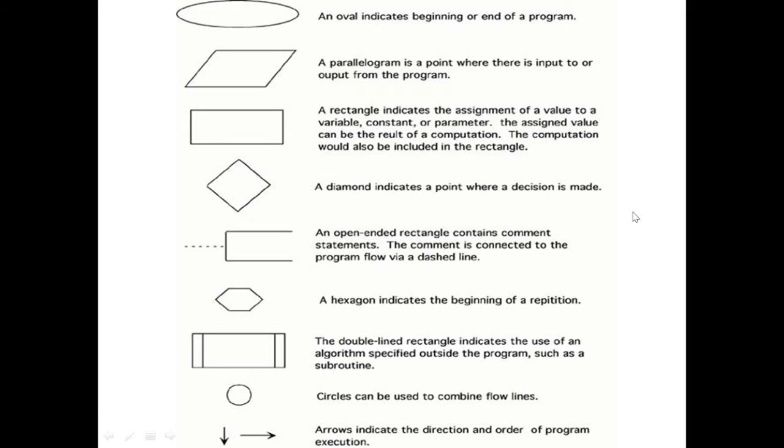It's like saying that if he will come, then I will go. Suppose you want to go to the market if and only if you are accompanied by your friend. So the condition is, if my friend comes, then only I will go. To show that decision making in a flowchart, first of all you have to use the diamond block, and inside the diamond block you insert the condition, whether my friend is there or not.